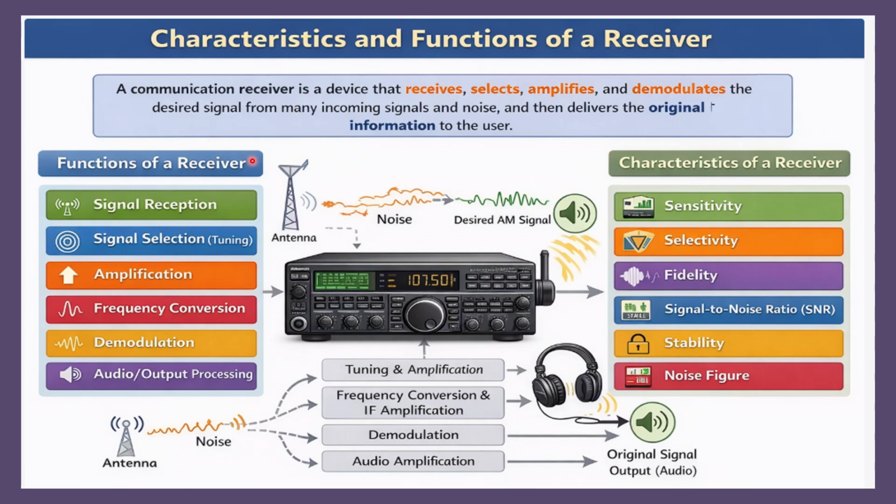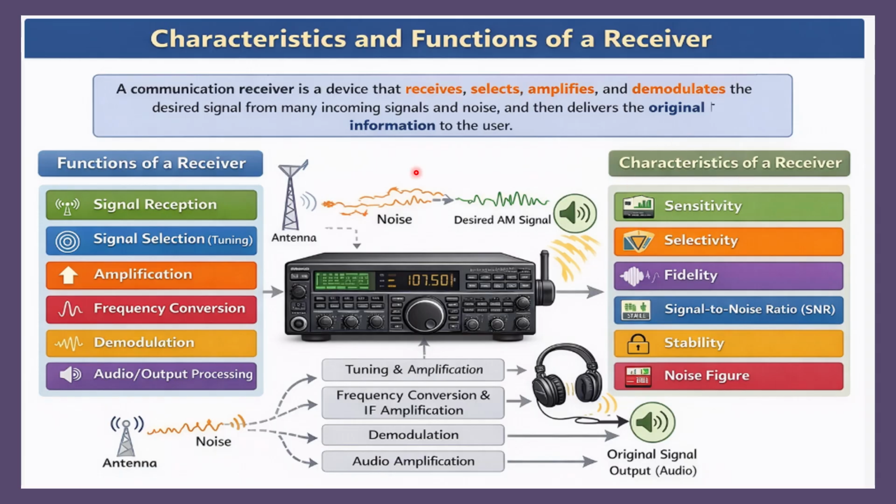Your receiver receives the signal, selects the signal, amplifies, demodulates, and gives the original signal to you. The functions are signal reception, signal selection, tuning, amplification, conversion, demodulation, and then amplification.